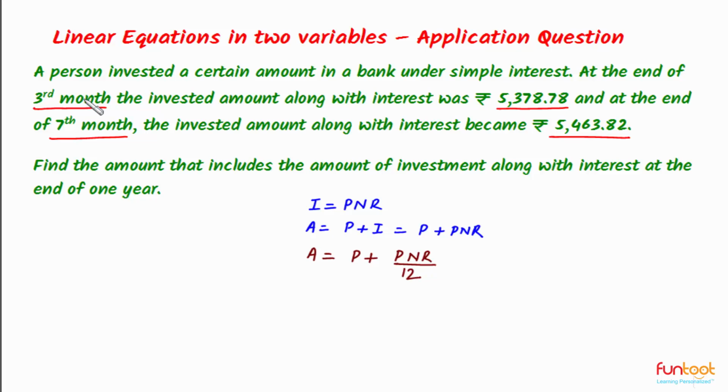As here we are dealing in months, that is why we are dividing the number of years by 12. And this is a linear equation in two variables in variables N and A.